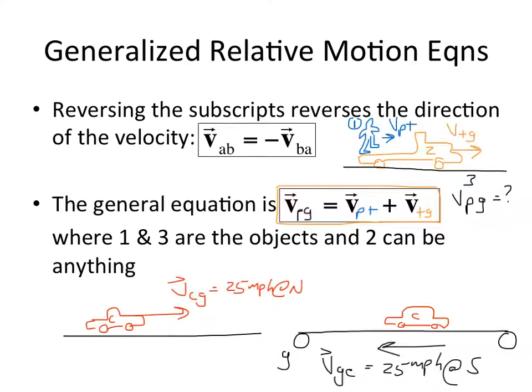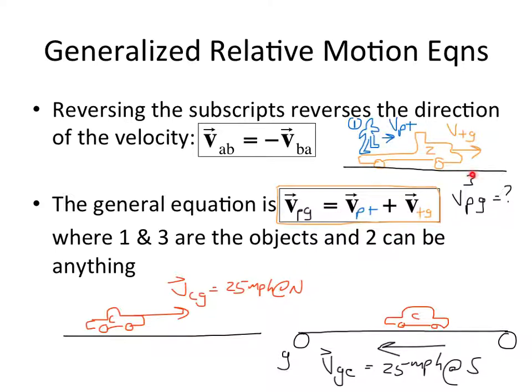the velocity of object 1 to 3. In this case, it was the person to the ground. 1 to 3 equals the velocity of object 1 to 2, that's the person to the truck, the person walking on the truck, plus the velocity vector of the truck to the ground, that's 2 to 3.